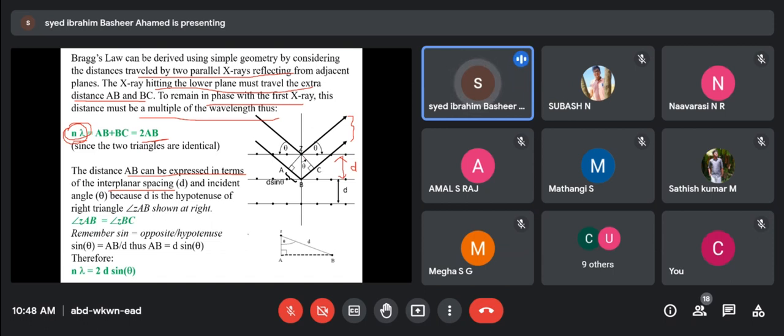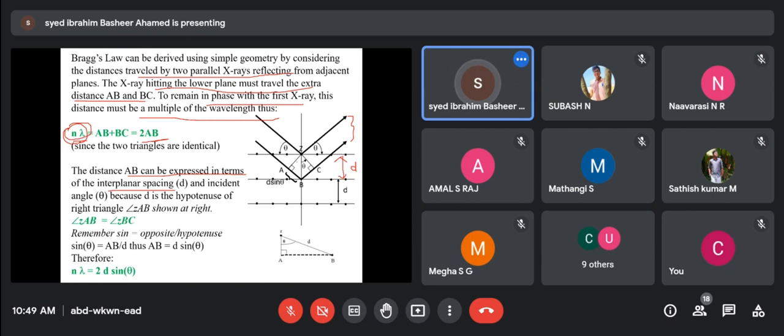By applying trigonometry, we can relate d and the incident angle. This is theta, and here also it is going to be the same theta, because d is the hypotenuse of this triangle, angle ZAB and angle ZCB.